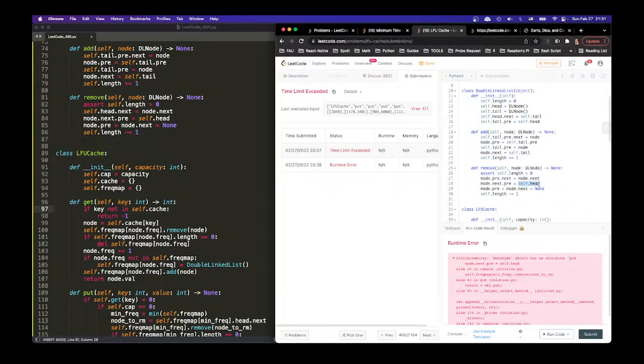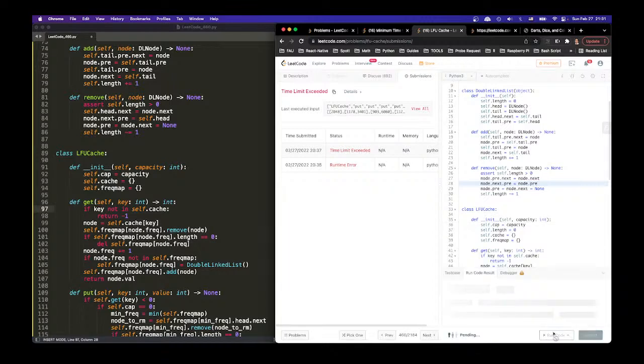That's true. And node.next.pre equals node.pre. Try this one. Yeah, because it's not pop, it shouldn't involve self.head.